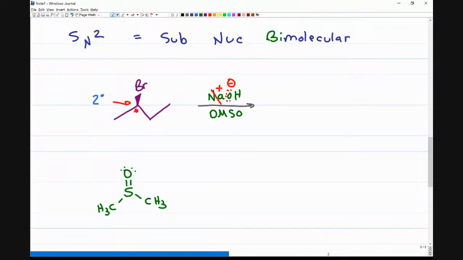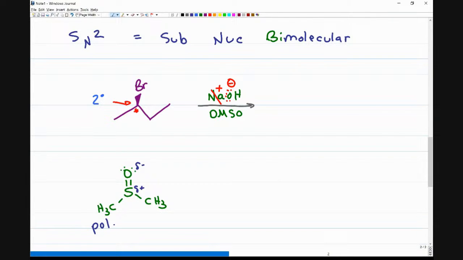What is interesting and important with this solvent is that even though I have atoms that would typically give me polarity, the sulfur and oxygen are close in polarity, they're bound to each other. The hydrogens are sitting on carbon atoms, which are also close in electronegativity, and therefore don't really have polarity. And so even though I can have some partially negative up here and partially positive here, this is not a polar enough molecule to stabilize charged intermediates.